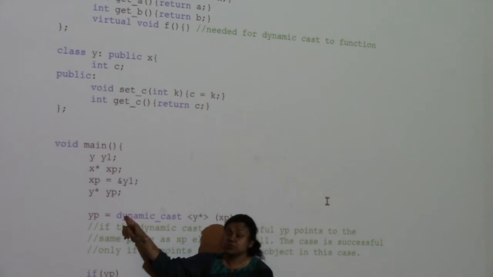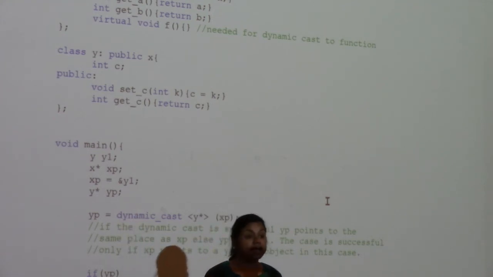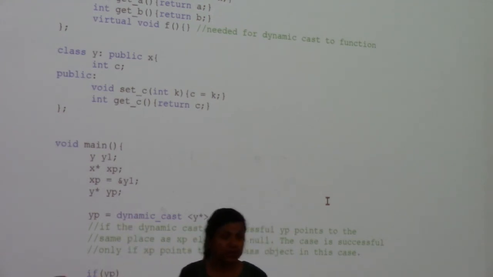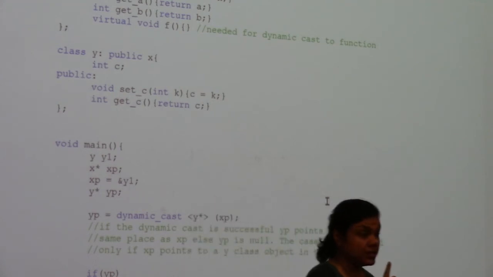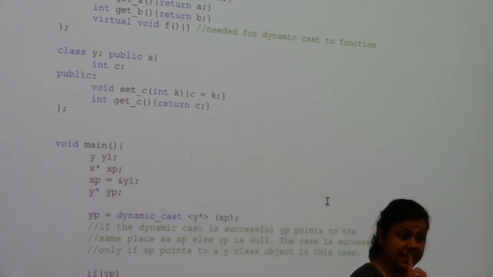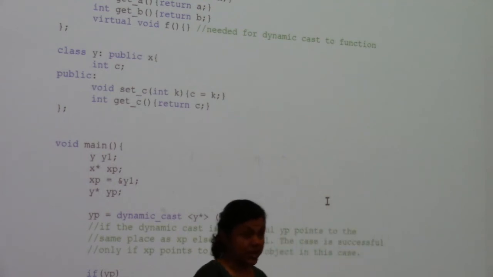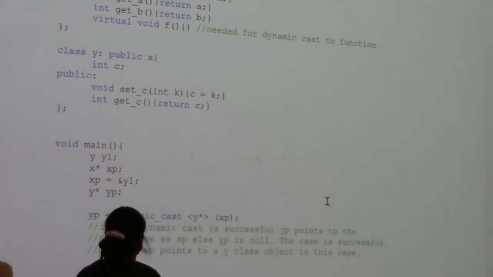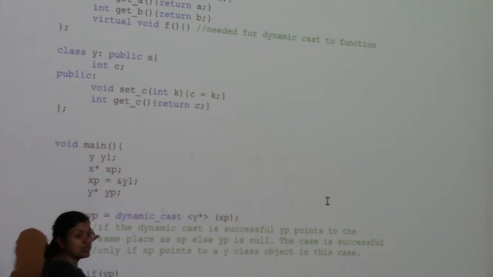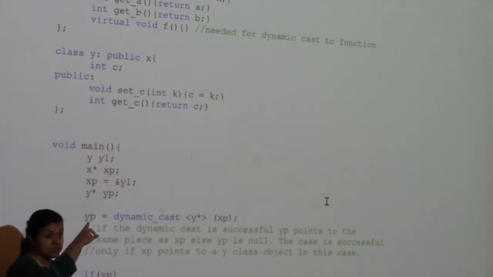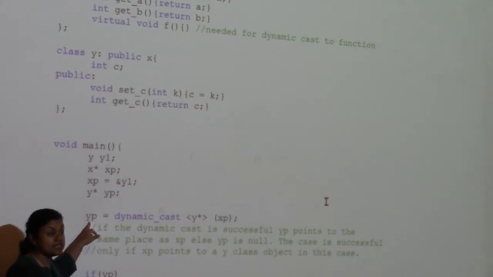The dynamic cast will check what is the type of the object that xp is pointing to. If it is class Y, only then will it let yp point to that object. Otherwise, it will set yp to null.